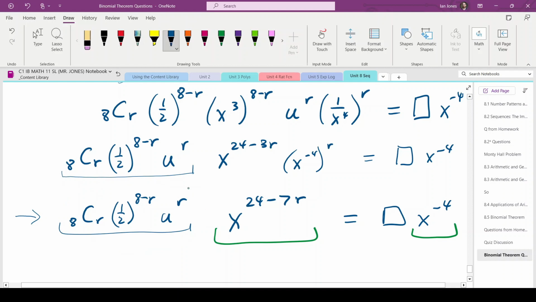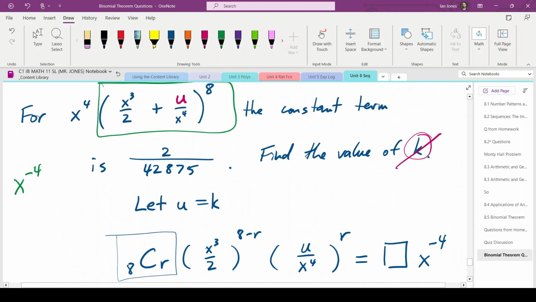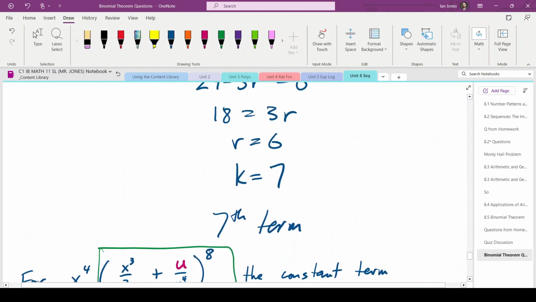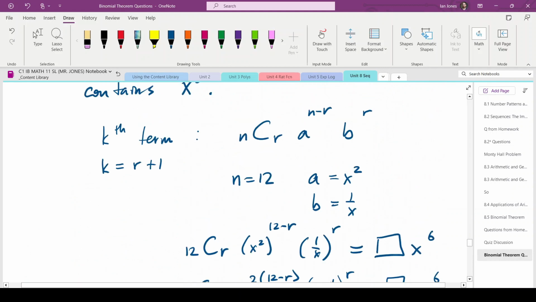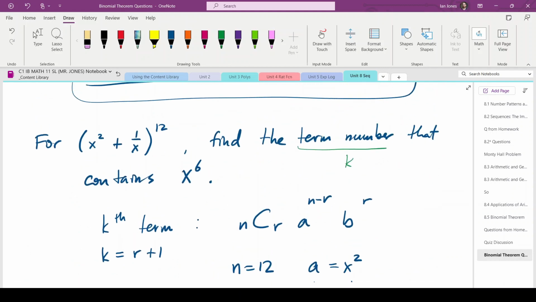Okay, so that will be the next piece. Because, of course, they tell me that the coefficient is going to have to be, where did it go? Up, up, up. That's the last question.